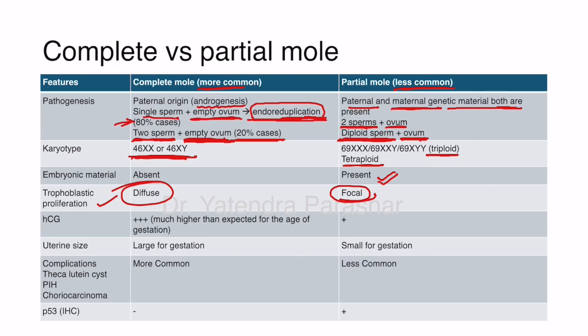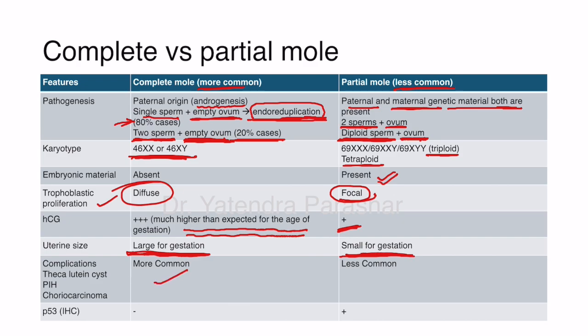hCG levels are much higher than expected for the gestational age in the complete mole. However, it is slightly raised in case of partial moles, and uterine size is large for gestation because of enormous tissue proliferation in the complete mole, and uterine size is small for gestation in case of partial moles.